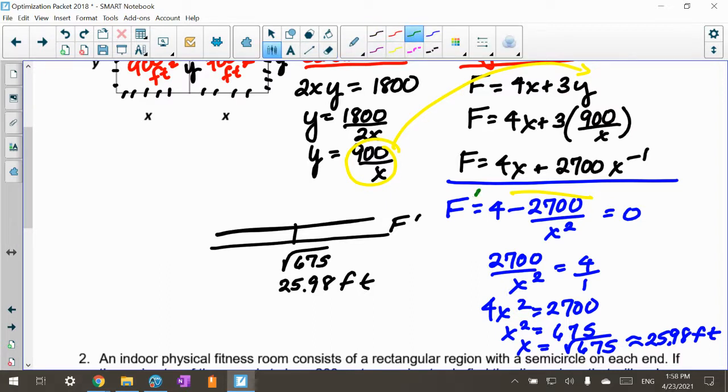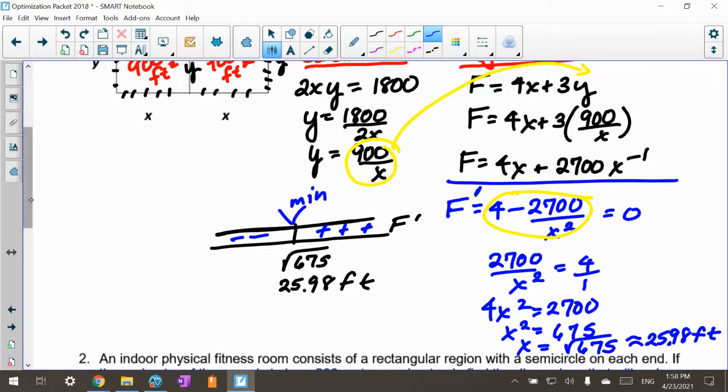You're going to try to the left and the right of this. To the left of radical 675, if I use a number smaller than that, say 20 or 10, you'll see that this will be negative. If I go greater than 25, say 30, it's going to turn out to be positive. And then this truly is a minimum.